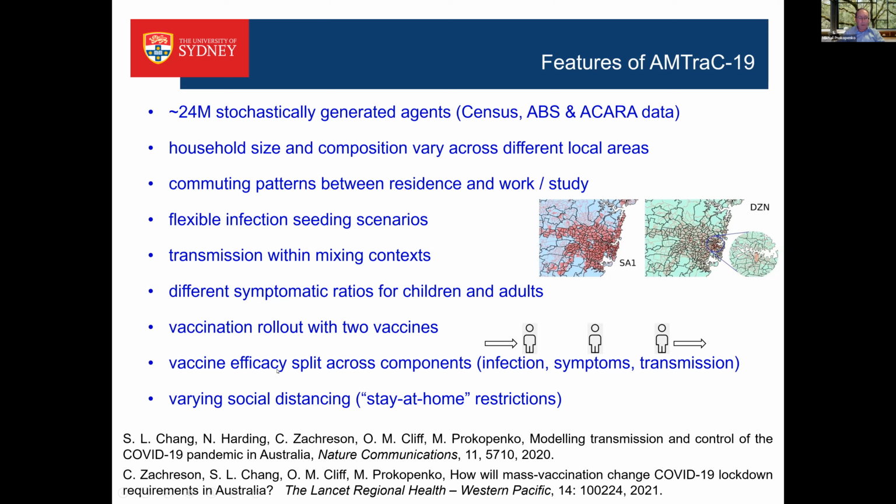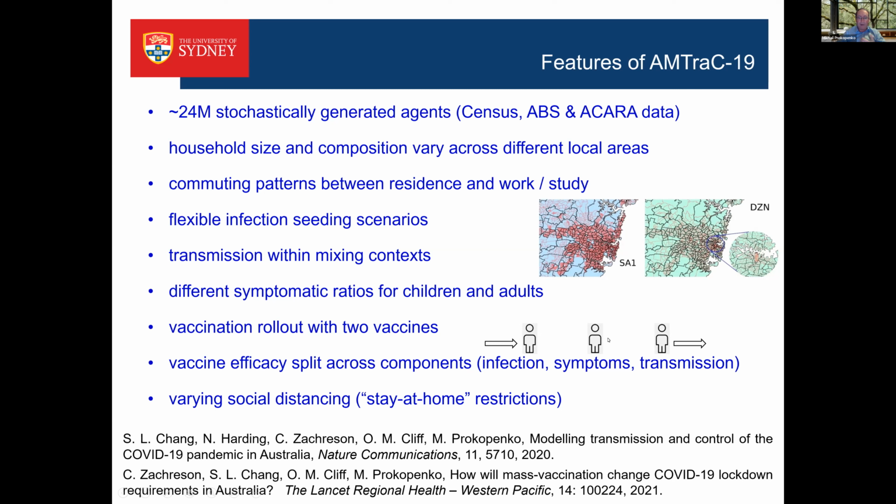On top of it, it was important to model different components of vaccine efficacy. I'll talk about that in more detail, but the idea is that there are different efficacies in terms of preventing a person from getting infected. So you're shielding from the outside transmission, but also you may get infected, but you may not develop any symptoms.